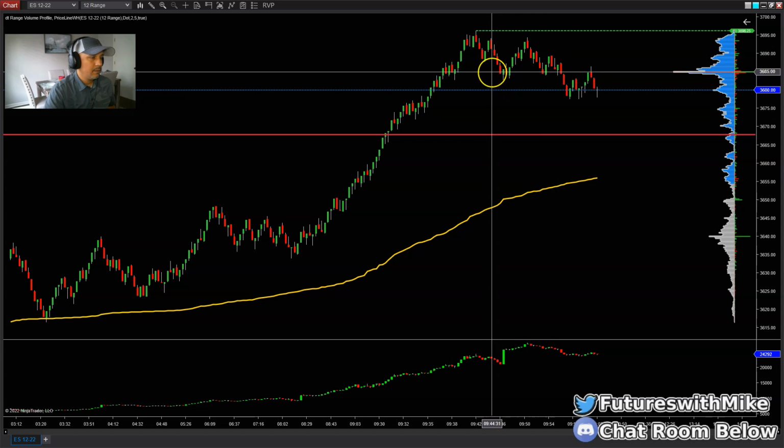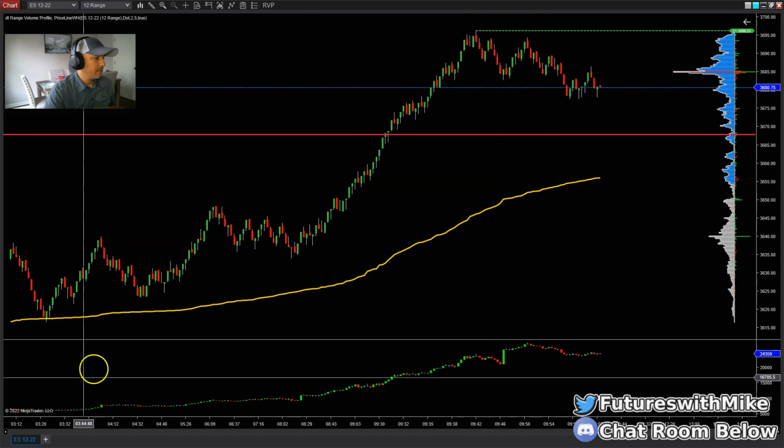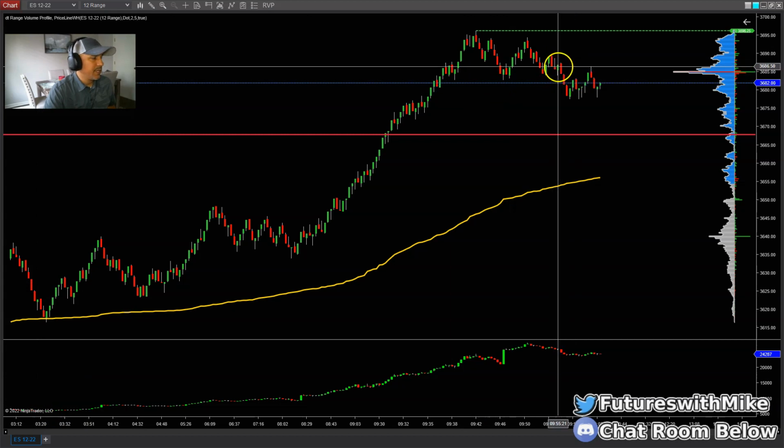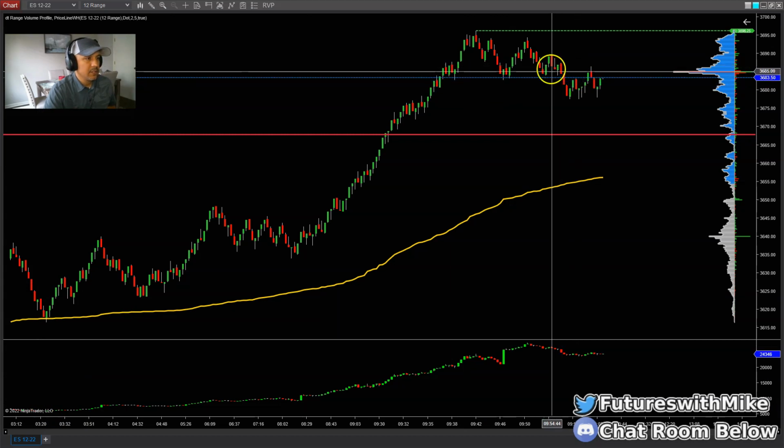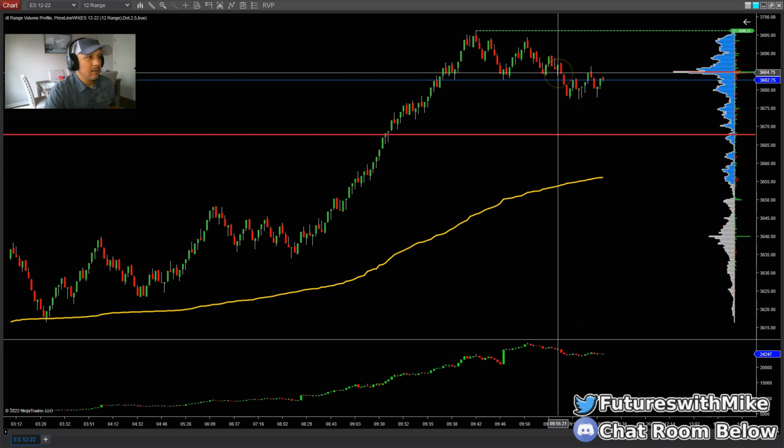Take a look here. Yeah, back to this area of supply sitting right here on the 12 range. So back down to the lows right here. All right. So I'm gonna hold off right now. Just kind of wait it out to see.